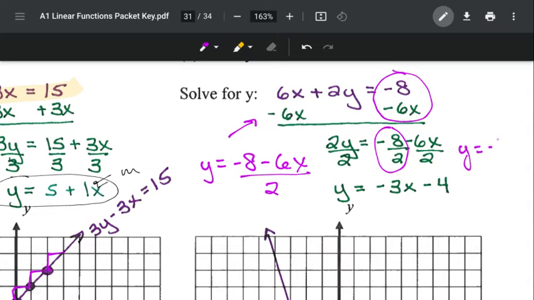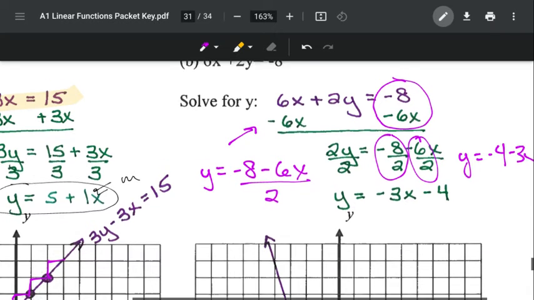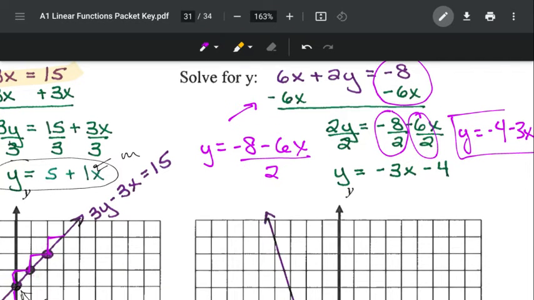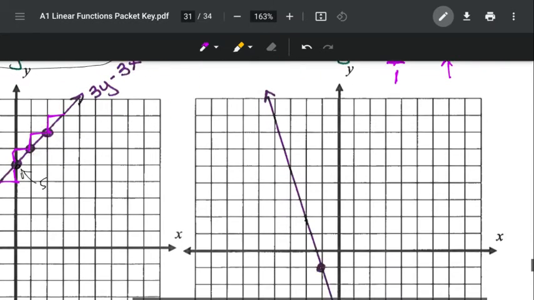So what I did was y equals negative 4, and then I divided these, minus 3x. This is perfectly fine. But to get it in y equals mx plus b form, I put the x term first. Negative 4 is my y-intercept. My slope is down 3, right 1.